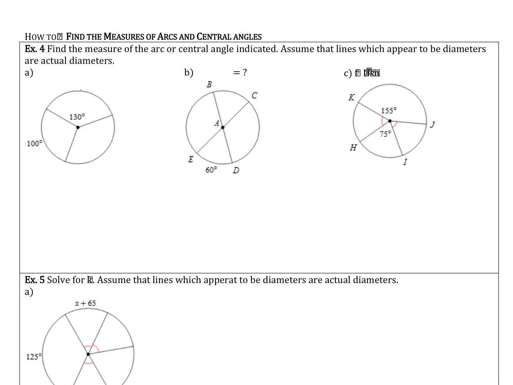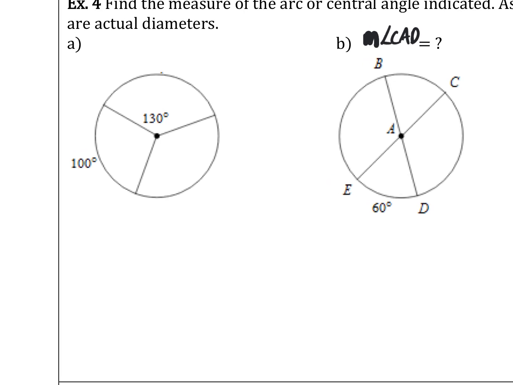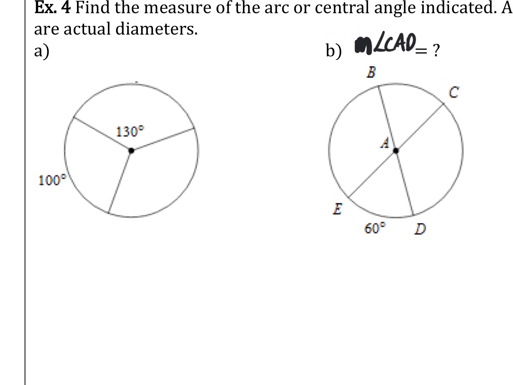How to find the measures of arcs and central angles? Let's go for letter A. Let's label this as Y, and this is going to be X. What do you think is the size of this arc X? The size is the same as the measurement of your central angle. Therefore, this is going to be 130.